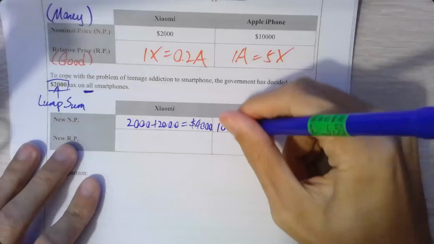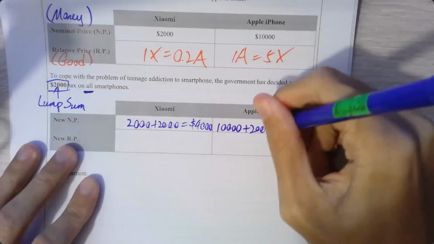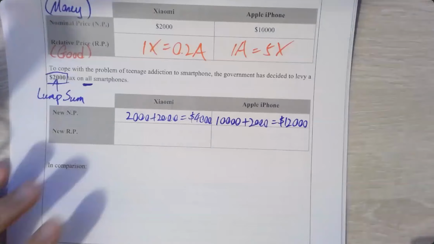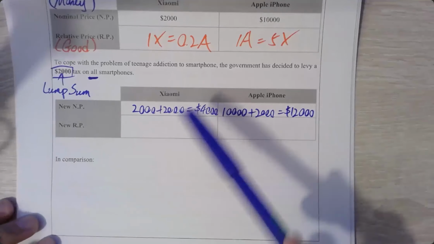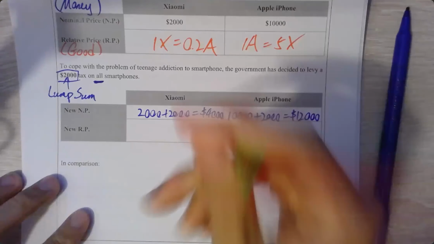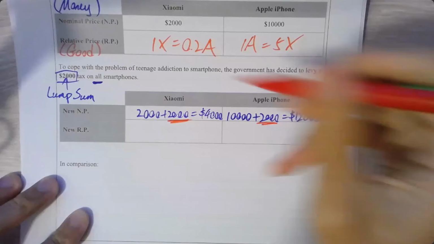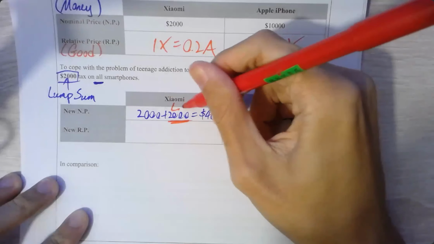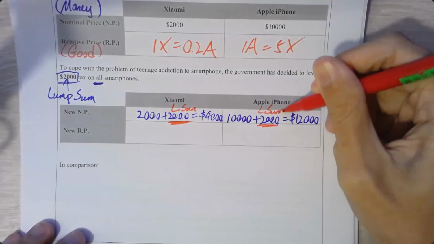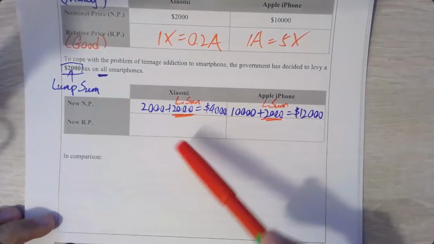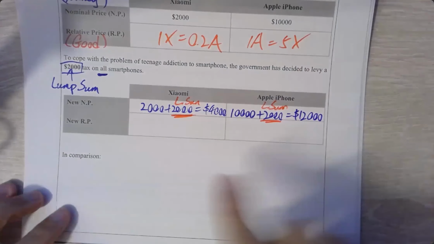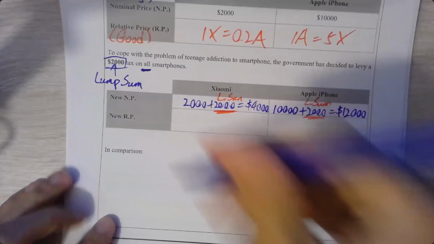For Apple, 10,000 plus 2,000 equals 12,000. So the nominal price just adds the same 2,000 to both. Now, what happens to the relative price? This is important. Let's pause here first and call this column 1.